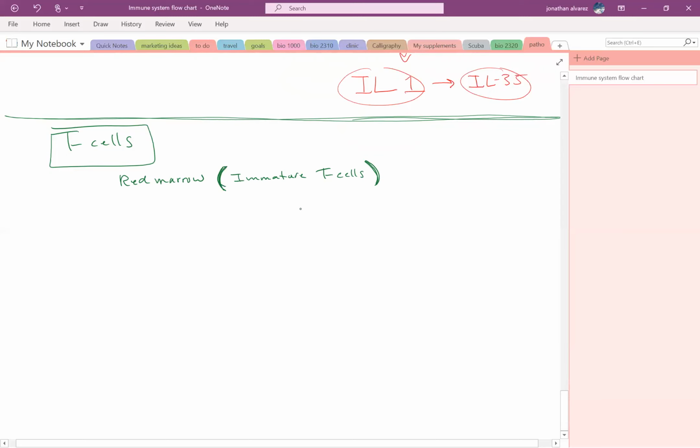Then they migrate to the thymus. Anybody remember the name of the hormone that the thymus releases? Is it thymosin?